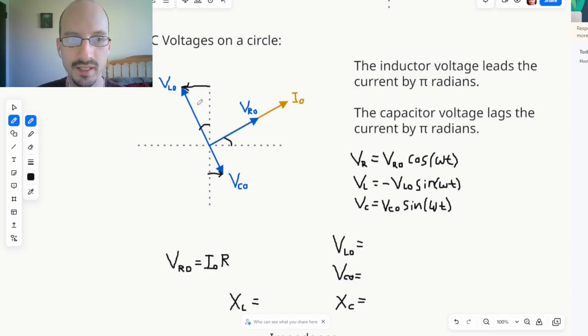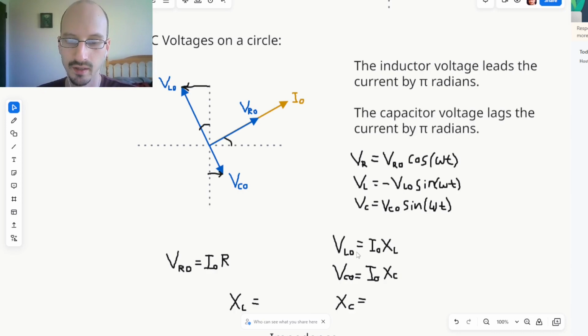So the voltage across the inductor would be equal to the maximum current times what's called the inductive reactance, and the voltage across the capacitor is equal to the max current times the capacitive reactance. And I believe this only works for maximum current, not actual current, because the voltage across the inductor and capacitor are maximum when the current is 0. So these equations only work with maximum current.